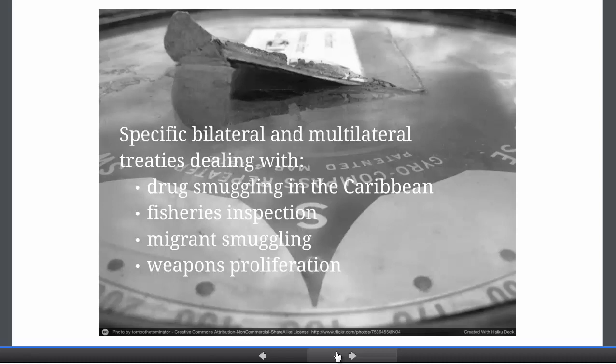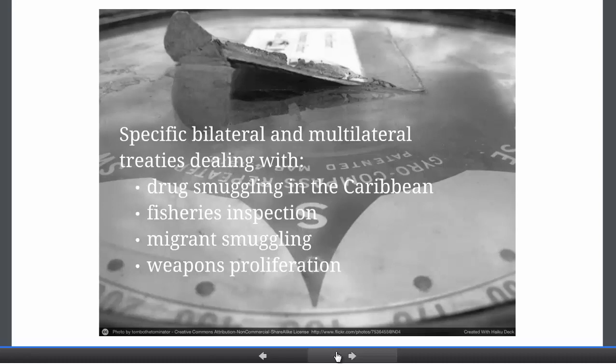Fisheries inspection, various regional fisheries management organizations that attempt to conserve fish on the high seas and manage their exploitation, have provisions dealing with at-sea inspection of fishing vessels, which obviously could involve them being boarded by a vessel of another contracting party to that arrangement.